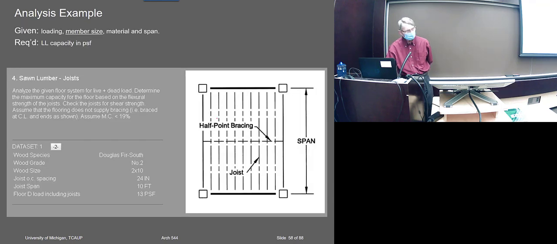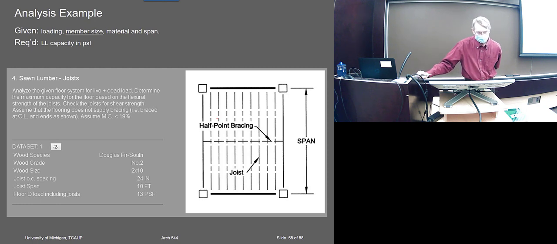Okay, so what do we got left here? Another capacity. This is a capacity based on the live load capacity. So this would be something you'd potentially want to check if you had a given floor system and you know what the dead load is on it, and you just want to see if it meets the occupancy load.